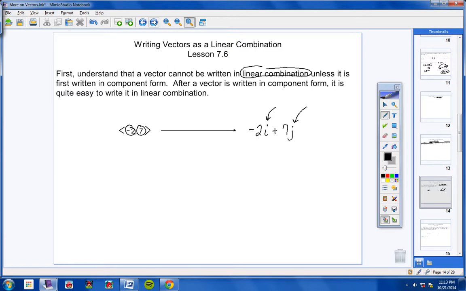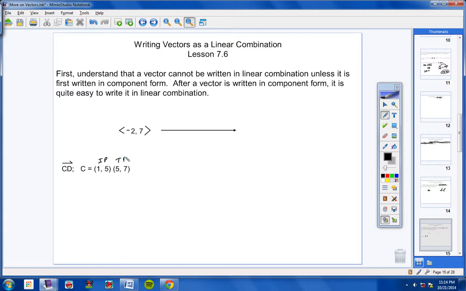Now let's continue on. I want you to take this vector here, vector CD, and write it as a linear combination. But remember what I had you write down up here earlier, students. A vector cannot be written as a linear combination unless it is first written in component form. So this is your initial point. This is your terminal point. We must first write this in component form.